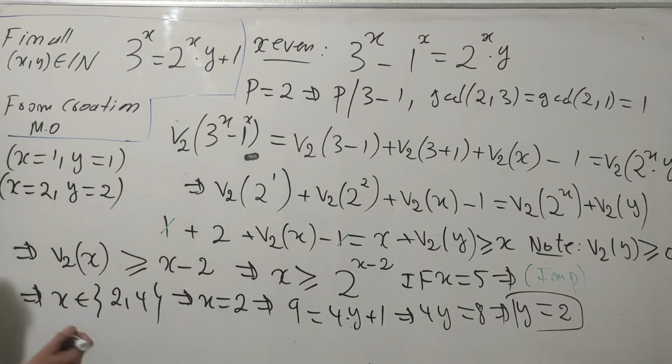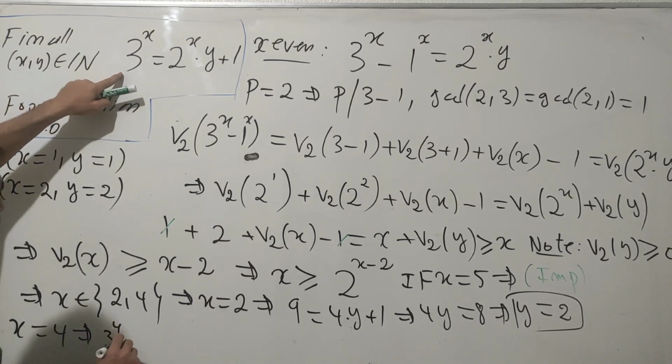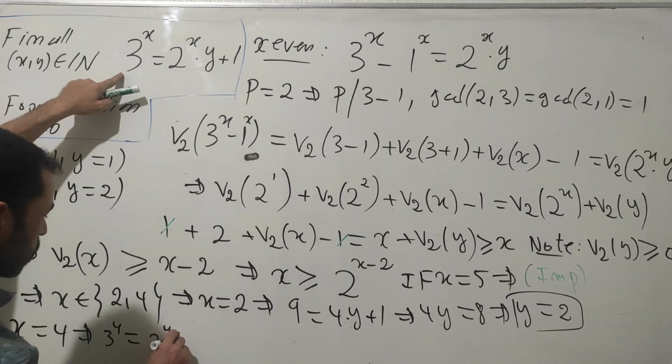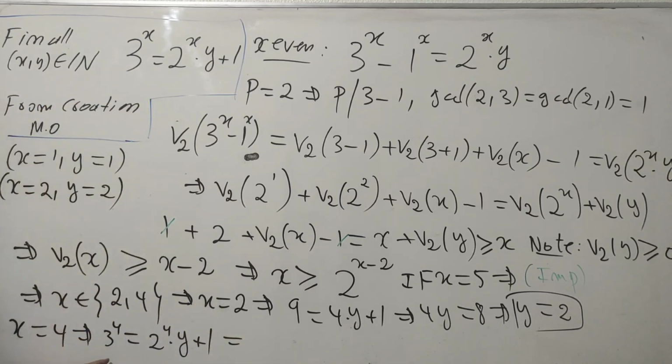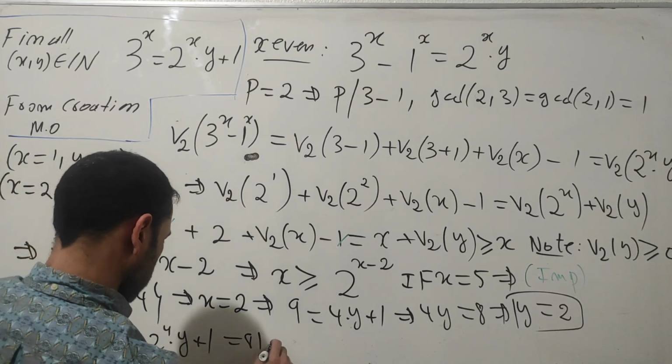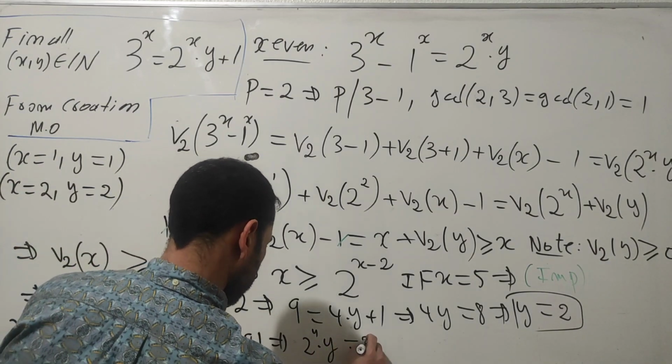Then looking for the other solution, if x equals 4, replacing x with 4 here, I get 3 to the 4, which equals 2 to the 4 multiplied by y plus number 1. So 3 to the 4 is 81, which means 2 to the 4 multiplied by y equals 80.